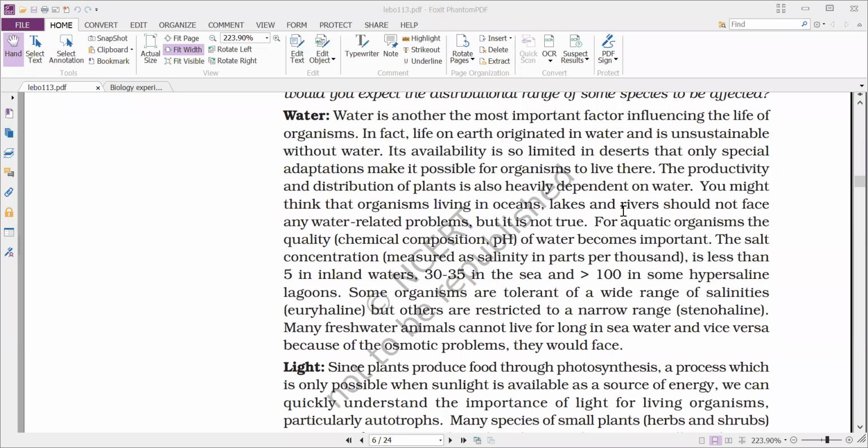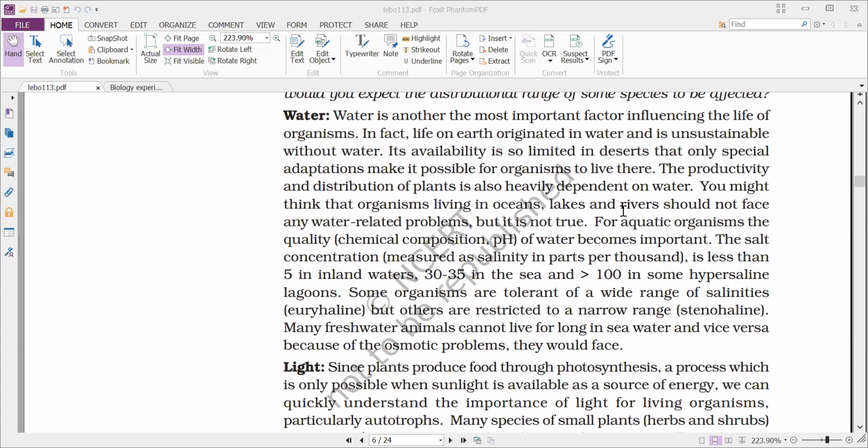At the same time, if you place a marine water organism in fresh water, it also cannot survive because of the osmotic problems, the difference in the salinity of the water. They are not able to tolerate it, and it finally leads to the death of those organisms.